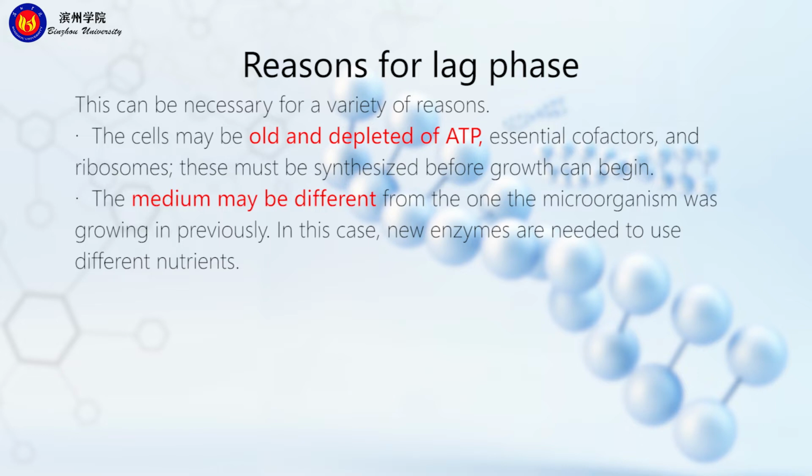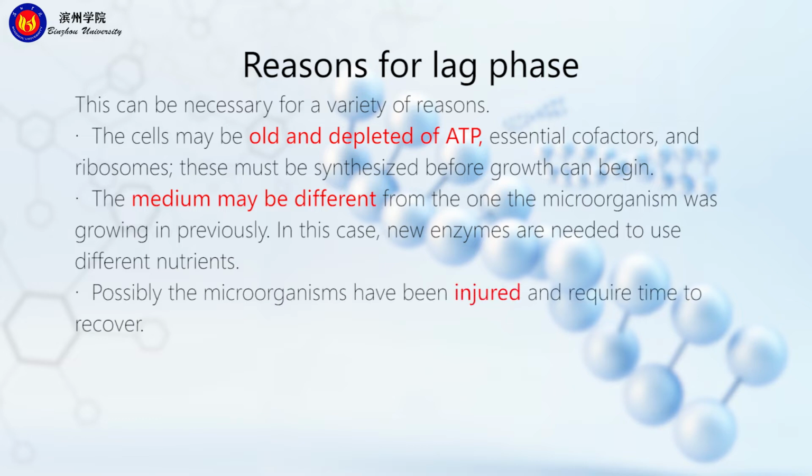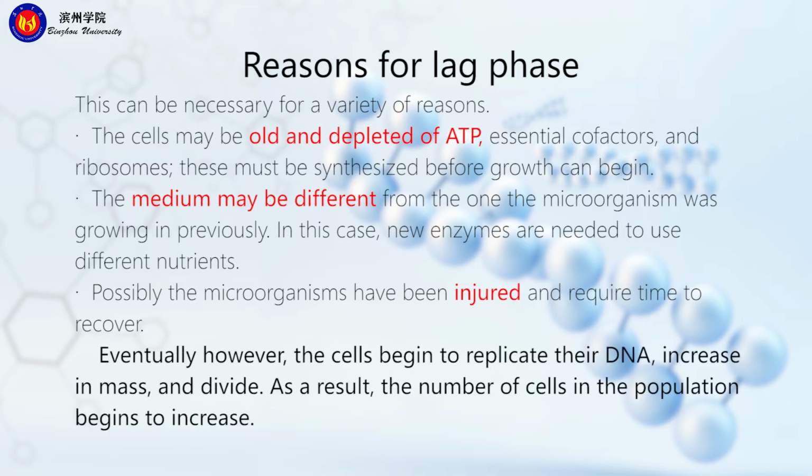In this case, new enzymes are needed to use different nutrients. Possibly, the microorganisms have been injured and require time to recover. Eventually, however, the cells begin to replicate their DNA, increase in mass, and divide. As a result, the number of cells in the population begins to increase.